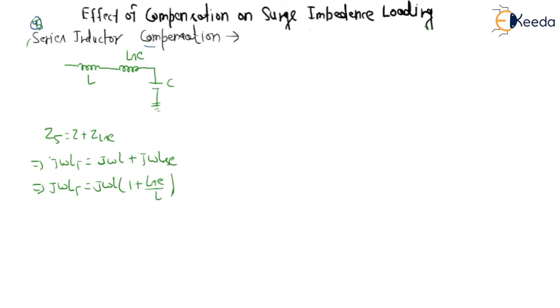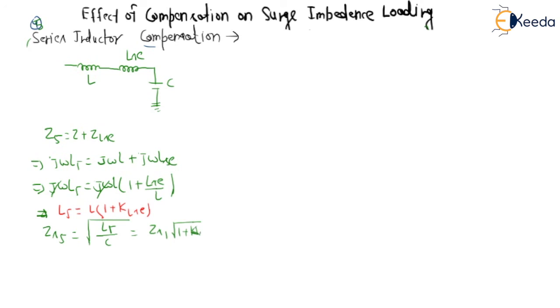So jω will be cancelled out, and now simply we can write L5 is equal to L(1 plus KLSE). So simply we can write ZS5 is equal to under root of L5 upon C. By putting this value we can get ZS1 under root of 1 plus KLSE.